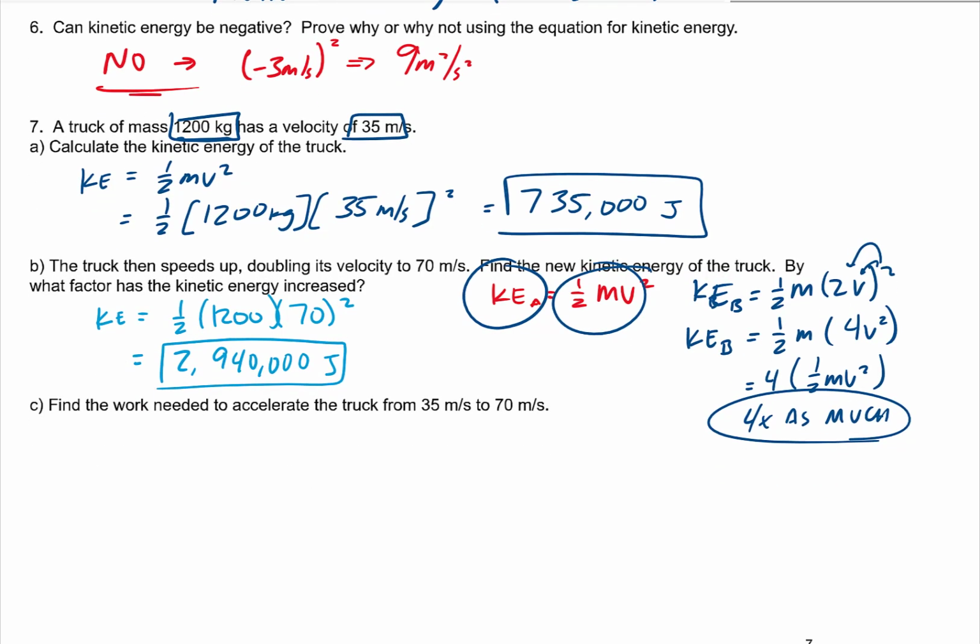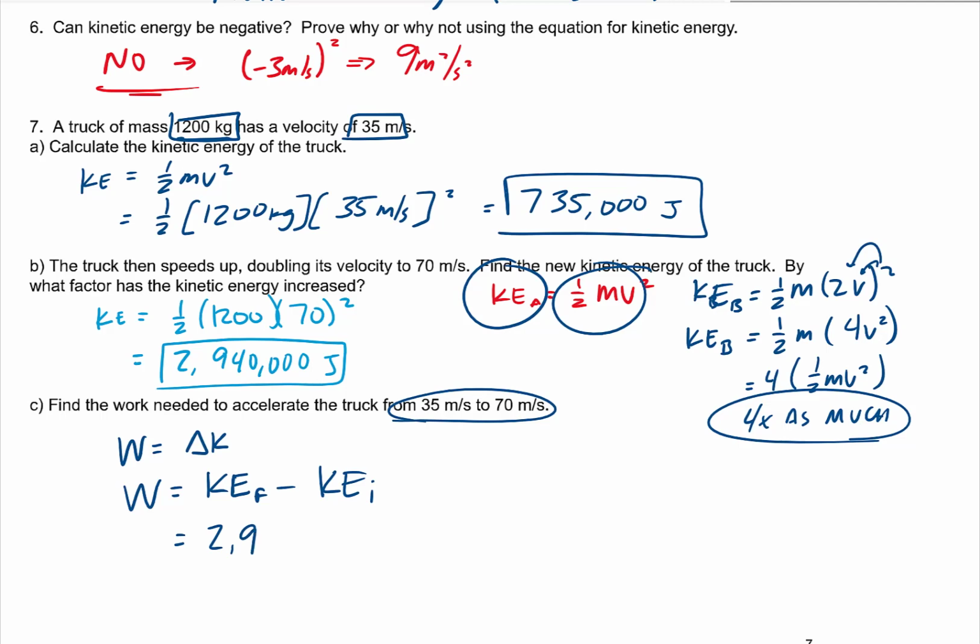Find the work needed to accelerate the truck from 35 meters per second to 70 meters per second. So work is the change in kinetic energy. So work is the final kinetic energy minus the initial kinetic energy. So my final kinetic energy was 2,940,000 joules minus the initial kinetic energy, 735,000 joules.